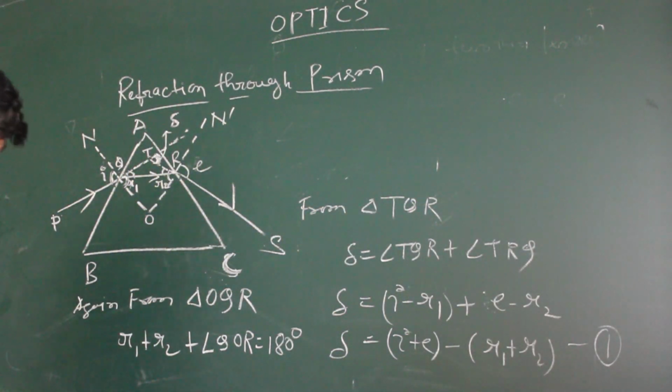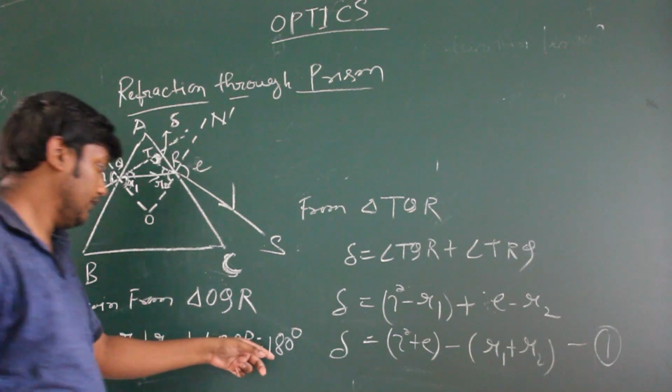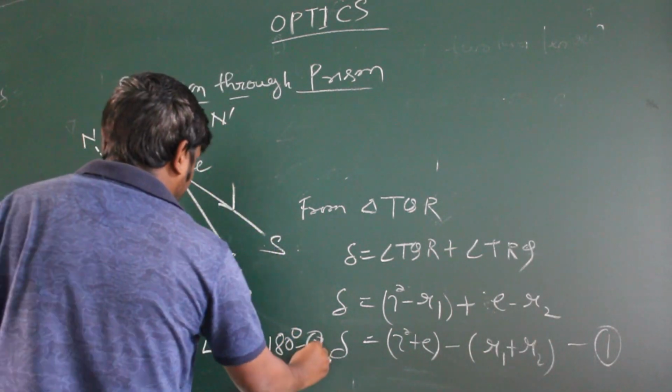From this triangle you can find R1 plus R2 plus angle QOR equals 180 degrees. Give it equation number 2.